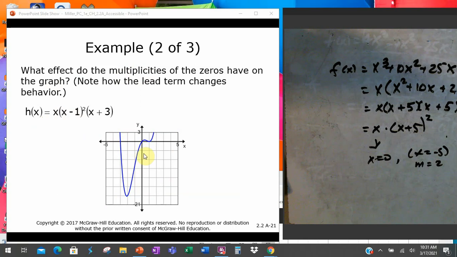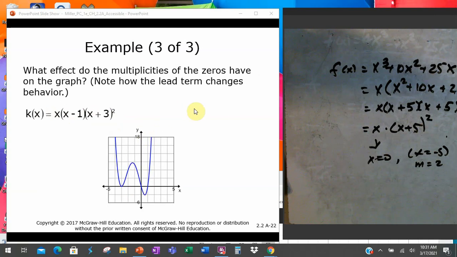Here, I've got x equal to 0, straight through, x equal to -3, straight through, multiplicity 1, multiplicity 1. Here at x equal to 1, I've got a multiplicity 2, the graph just touches. x equal to 0, straight through, x equal to 1, straight through, x equal to -3, I touch because the multiplicity is 2.